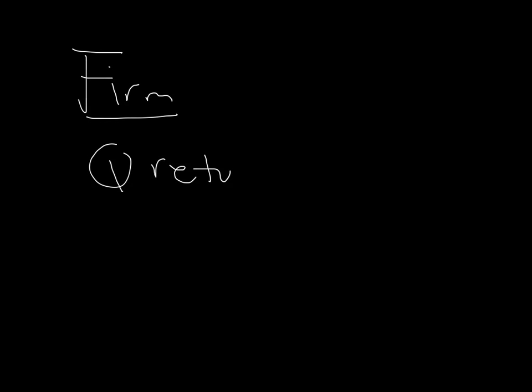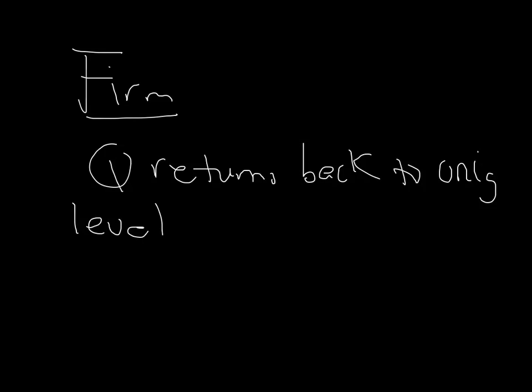So the question is, how does this make sense? How can it be for the firm, output returns back to the original level? Once again, original level only if we started off at the long run equilibrium of normal profit, whereas for the market, how can it be that output increased?